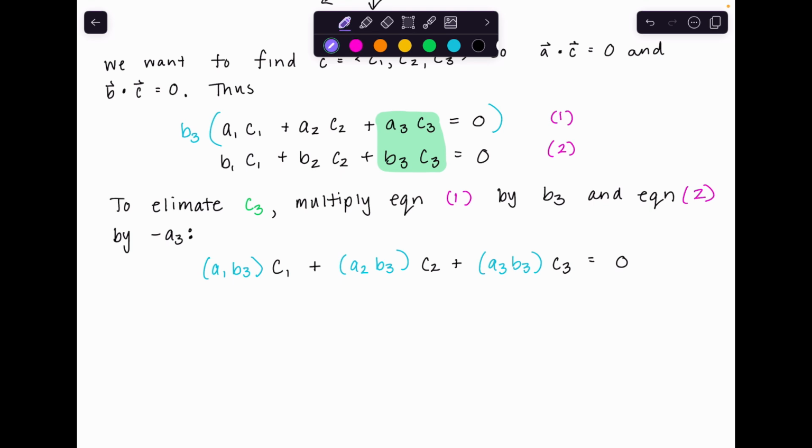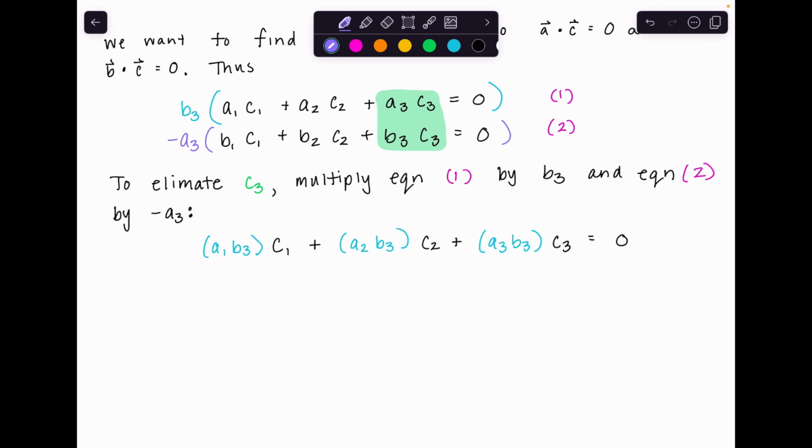Now, when I take this equation, I'm going to multiply through by negative A3. That's going to give me minus A3 B1, attached to C1. I'll go ahead and put parentheses here. Then I'm going to have a minus as well, and then B2 A3, so we'll put the A's first, and that's attached to C2.